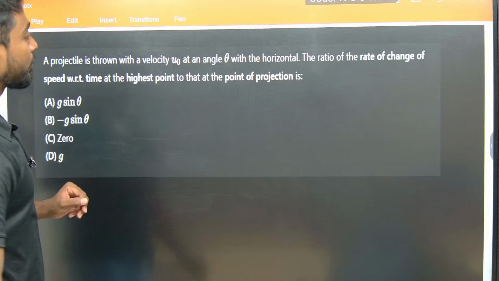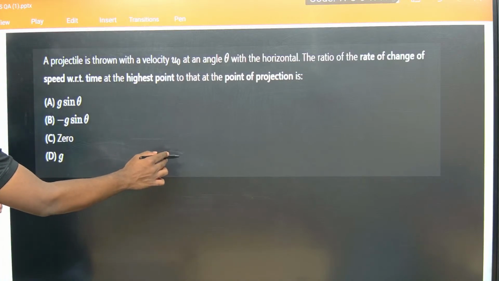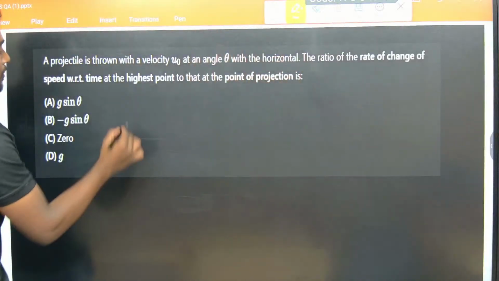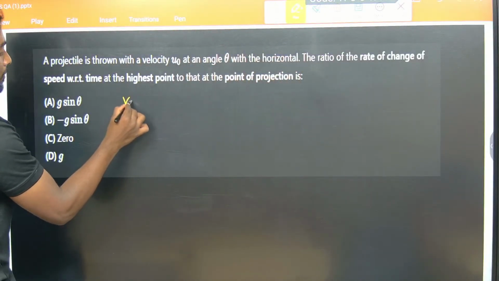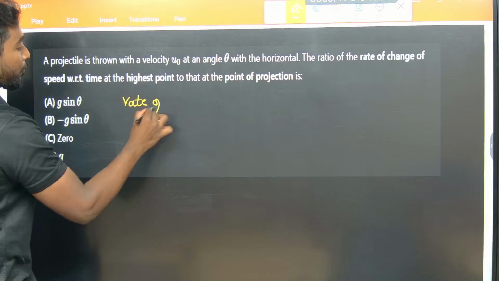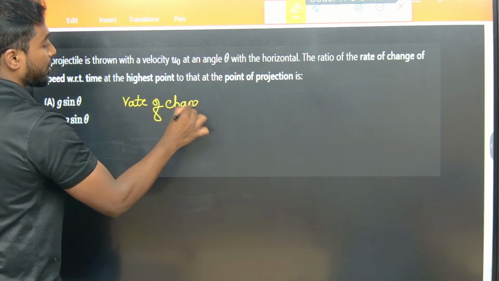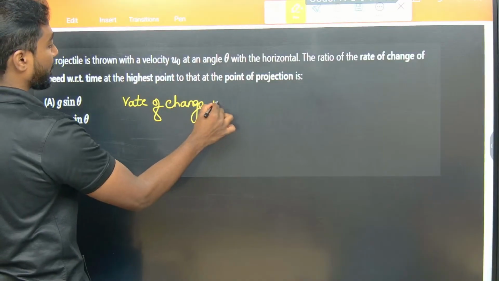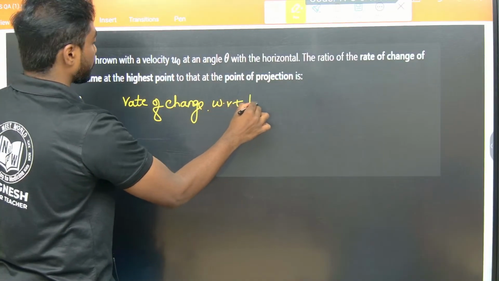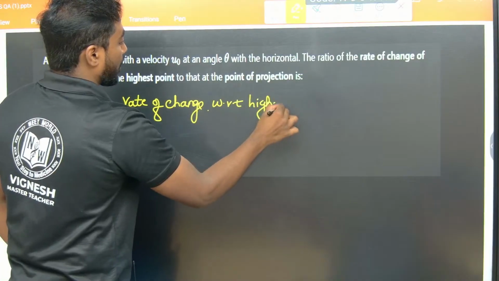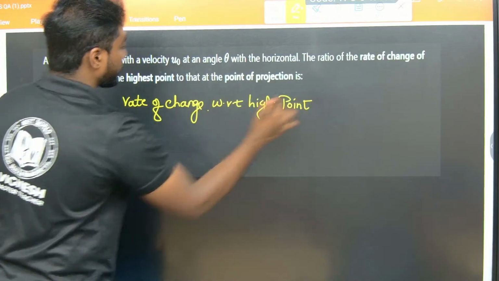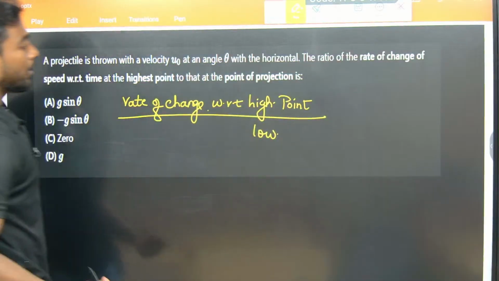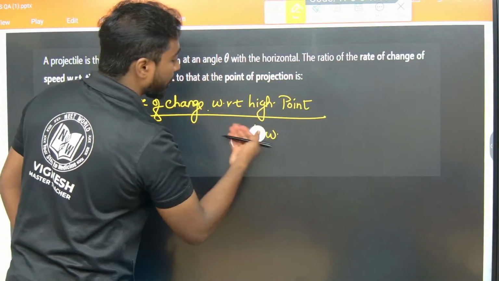I write the ratio here first of all. They are asking the rate of change of speed with respect to time, from the highest point to the point of projection.